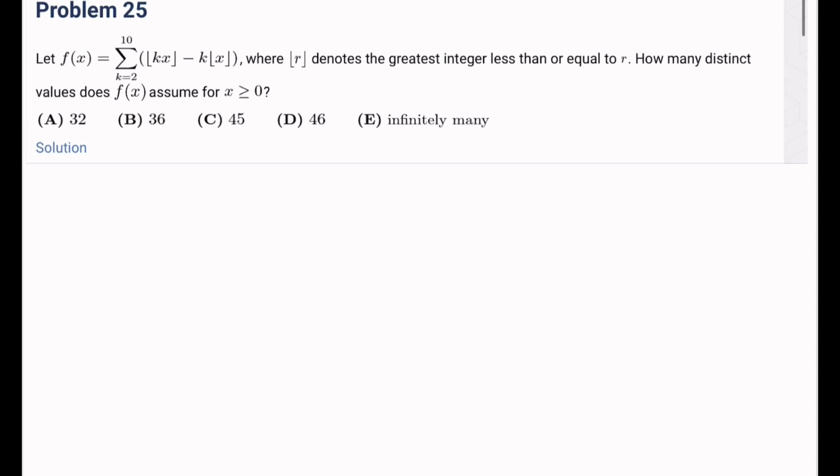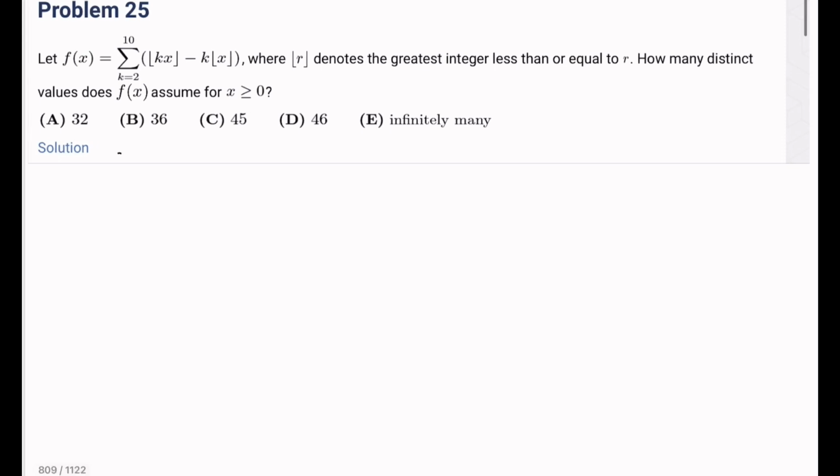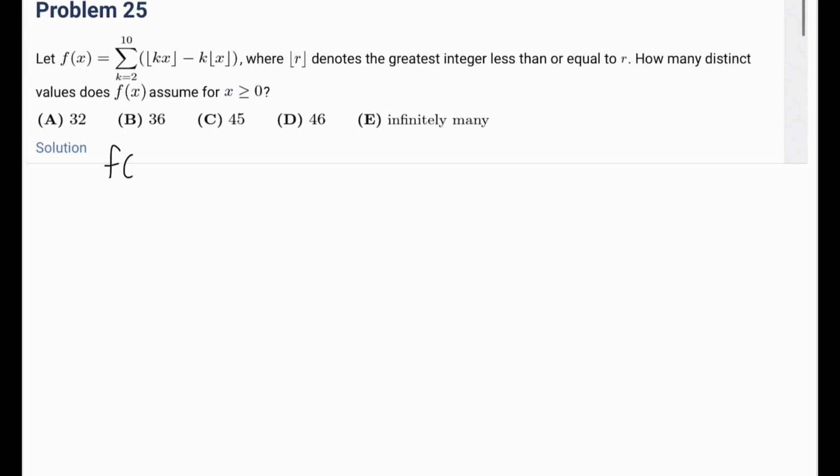Okay, so first thing, we will check what f(x plus 1) is, right? If we do that, that's the summation k equals 2 to 10 of the floor of k(x plus 1) minus k floor of x plus 1.